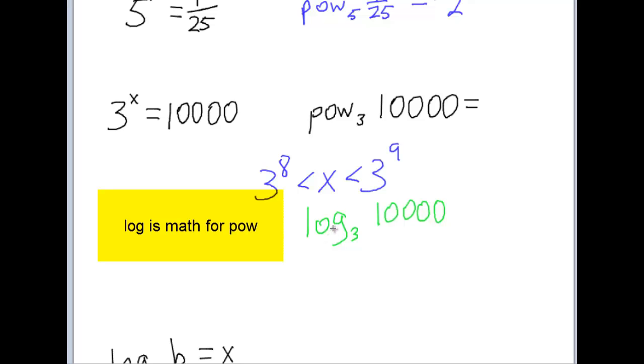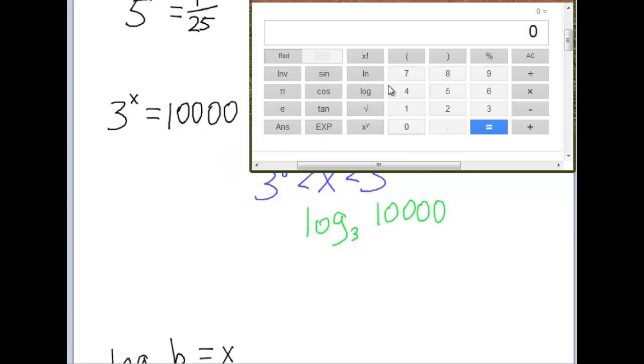So we can calculate this POW function using the log function on our calculator. But how does it work? If we try doing log 3 of 10,000, well, it just starts putting it all together. The problem is this. The log can have any base we want. We have a base of 3 here.